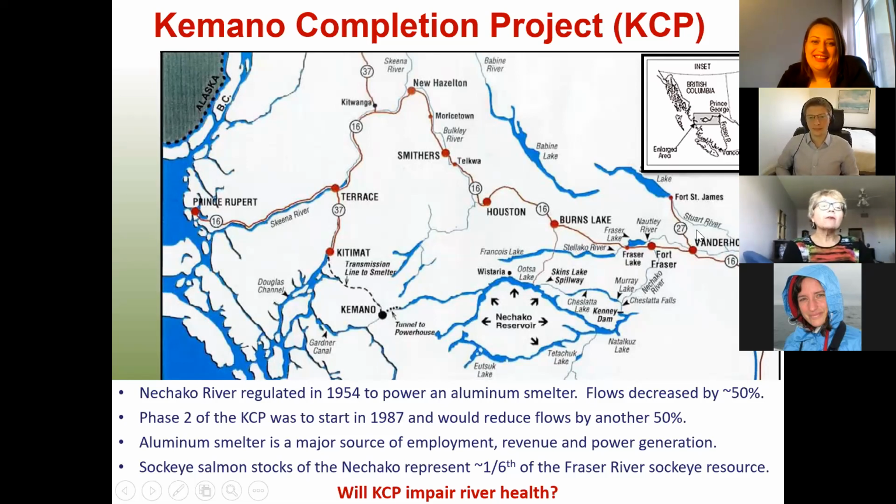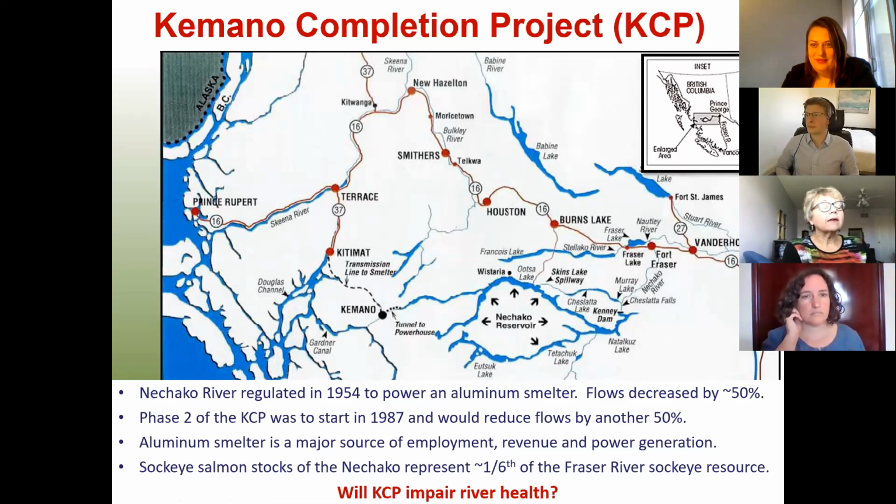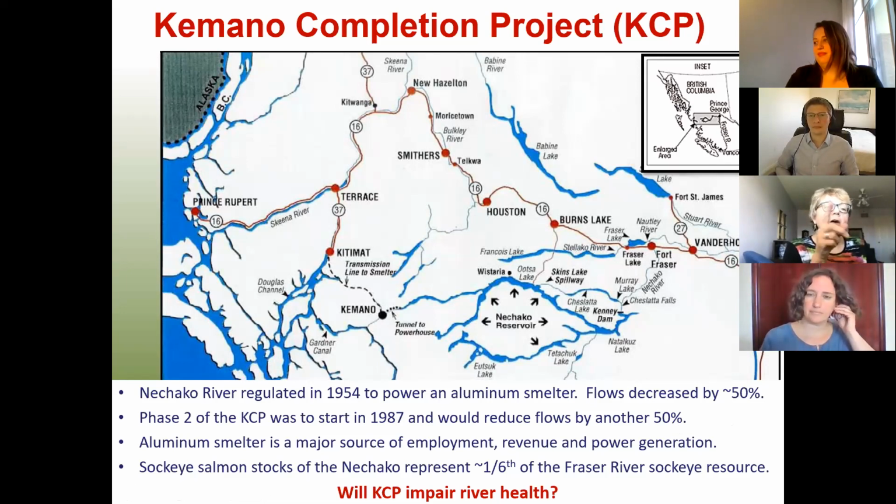But the Nechako River used to flow entirely to the Fraser River, which flows down to Vancouver and out to the ocean. What happened in the early 1950s is the British Columbia government came to an agreement with Alcan that they would allow this river to be regulated. All of that area backed up into the Nechako River.